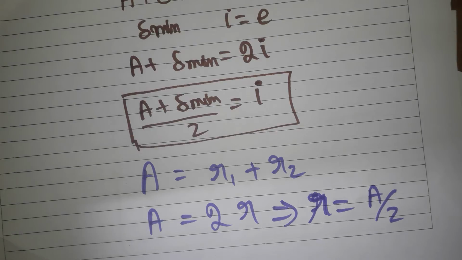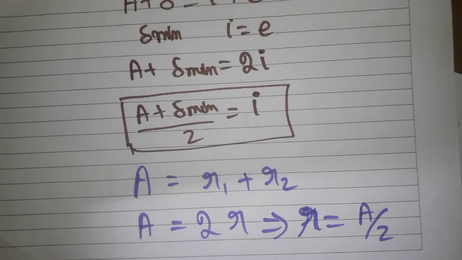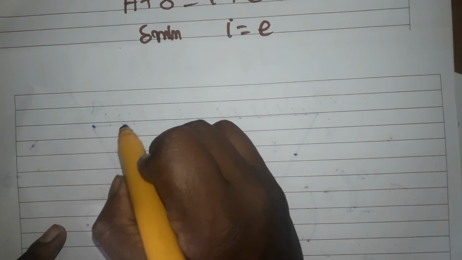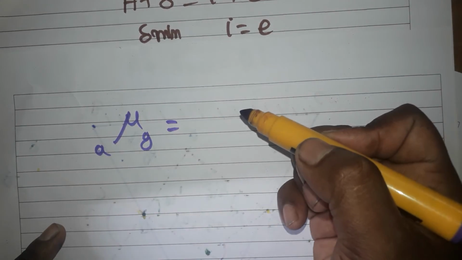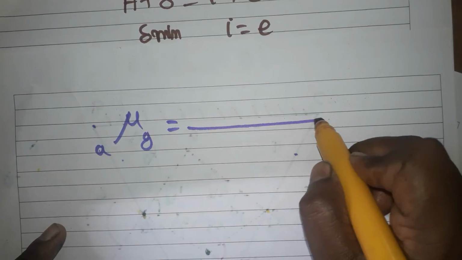Okay, next step we have to substitute inside the formula. What is the formula? It is Snell's law only, sin I by sin R. So the refractive index is equal to sin angle of incidence by sin angle of refraction.